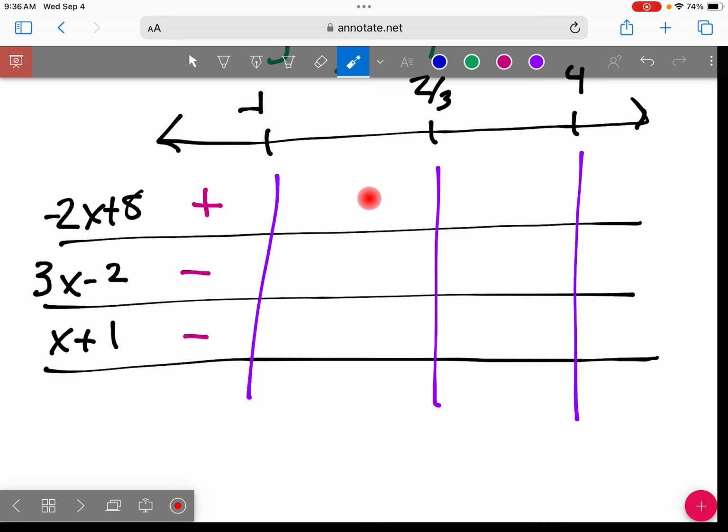So between negative 1 and positive 2/3, positive, negative, and the bottom one, positive.